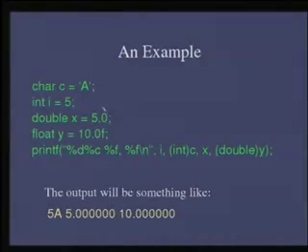Recall that literal constants of this type have by default a type double, and we have put an f after it to indicate that we want this value to be of type float.